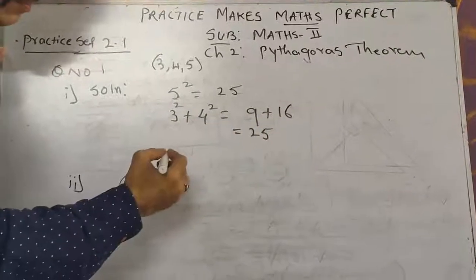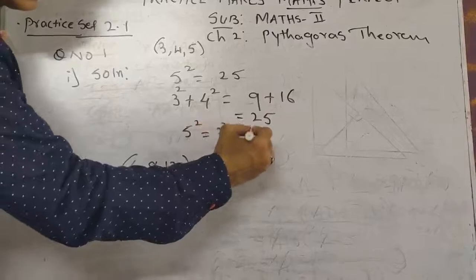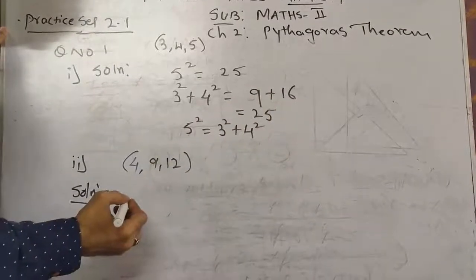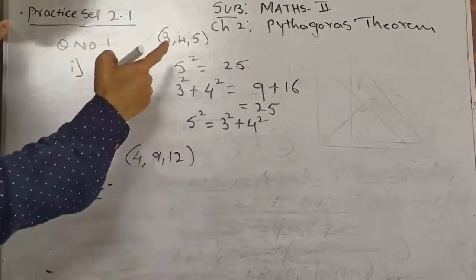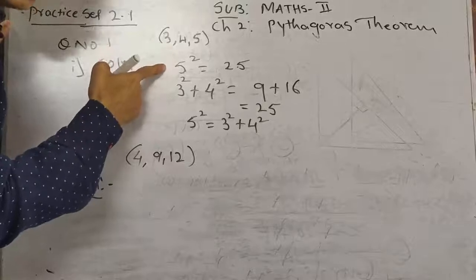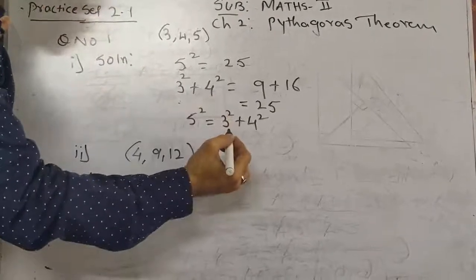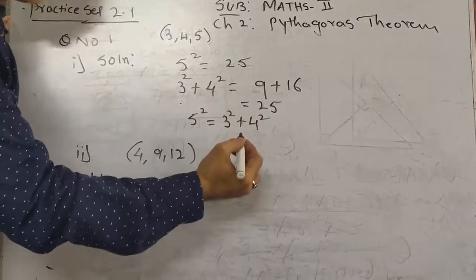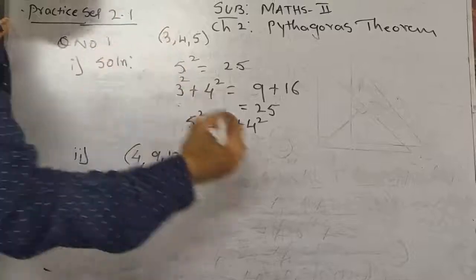Now you can see 5 square is equal to 3 square plus 4 square. They are the same, 25 and 25. So the square of the largest number is equal to the sum of the squares of the other two numbers. Therefore, the numbers are called a Pythagorean triplet. You have to write the statement.